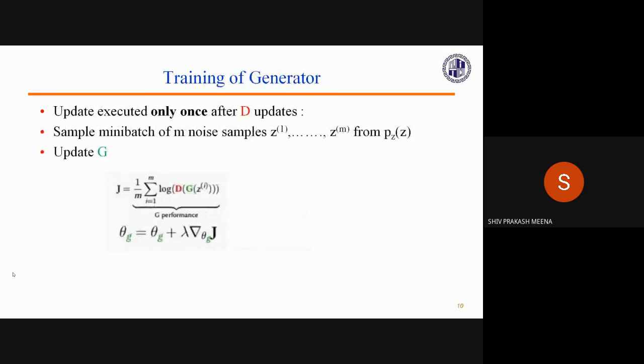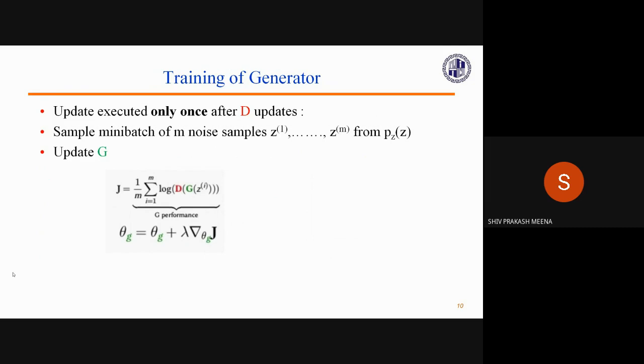In the next slide, we will train our generator. Similarly, we have to train the generator. In the case of the generator, we will only use noise data, a mini batch of noise samples, because the discriminator is fed both kinds of data, but the generator is fed only noise data.